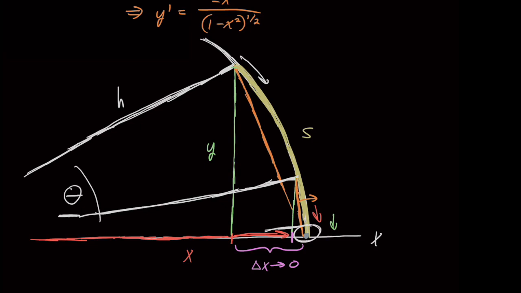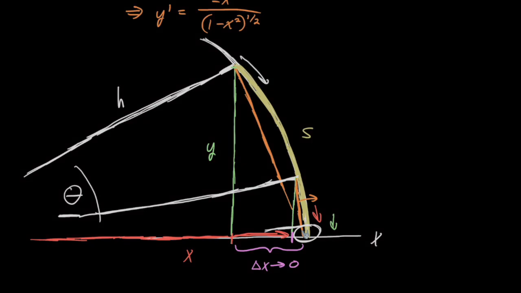Now, if we take the limit once delta x approaches 0, what we'll be left with is the differentials. So at that point, the length of the orange line right there and the length of the yellow line right here are going to be indistinguishable from one another. They'll virtually be the same line. Now, the way that you can think of extracting the actual tangible arc length as a numerical value is this.